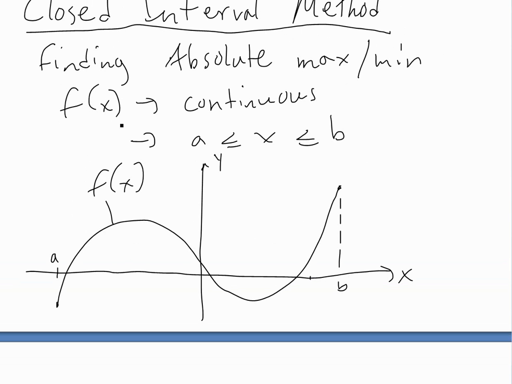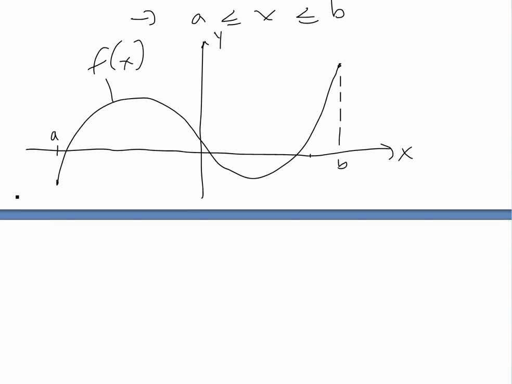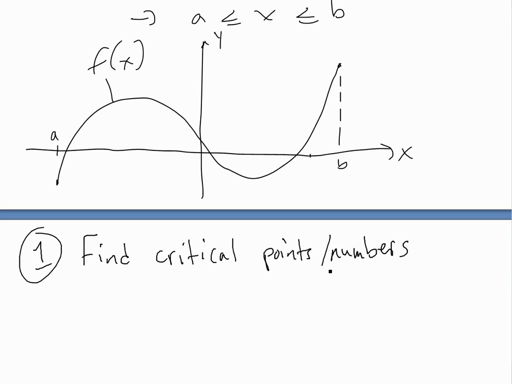To determine this, what we first have to do is find all of the critical points. So let's write step 1: find critical points or critical numbers. And remember, the critical number is where f prime of c is equal to 0 or doesn't exist.